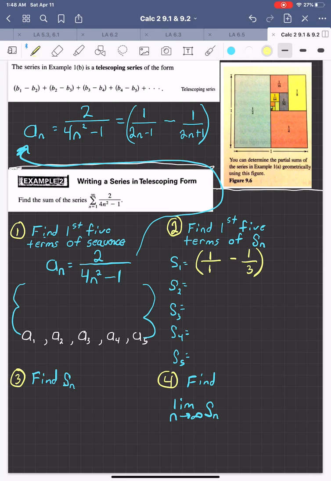Now, the second partial sum would be, 2 times 2 is 4, minus 1 is 3, so this would be 1/3 minus 1/5. This would be 1/5 minus 1/7. Okay, so now you could continue in this fashion, but what would you do if you start to think about when you take the sum?